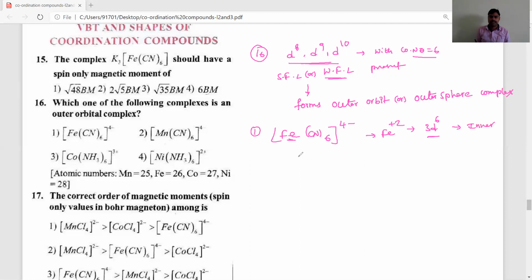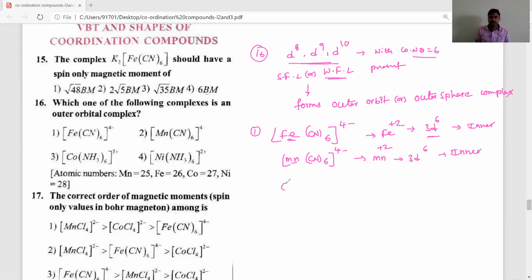Next, [Mn(CN)6]4-, where manganese is in the +2 oxidation state. Here also CN and NH3 are strong field ligands only, so the configuration is 3d6 and it is an inner orbital complex.